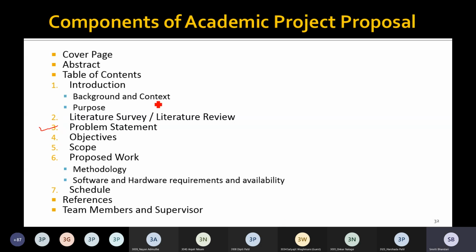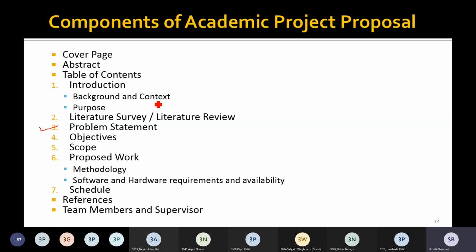So in literature review, we actually study whatever are the existing systems, whatever are the efforts, those were put in by different researchers or people, whatever are the existing systems available with respect to the topic under consideration. We actually compare that material.